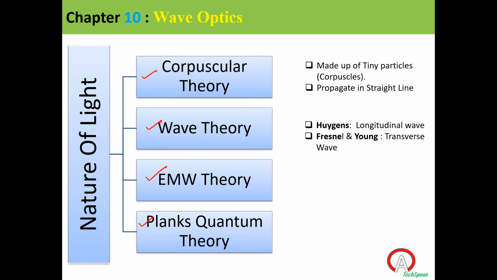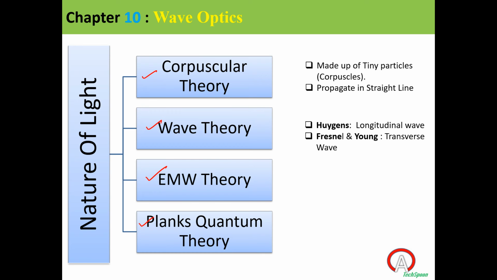Different experiments we have to study under this chapter. Huygens was saying that light is a longitudinal wave. Fresnel and Young explain light as a transverse wave. What is the difference between longitudinal wave and transverse wave? Wave is moving like this. If you put a stone in water, there will be waves of water, right?